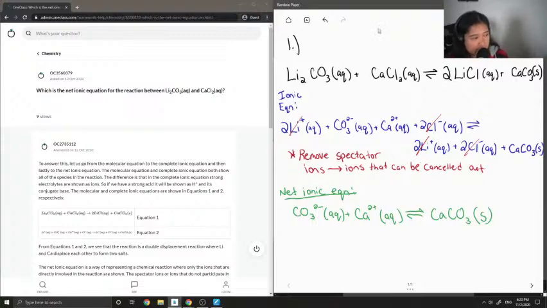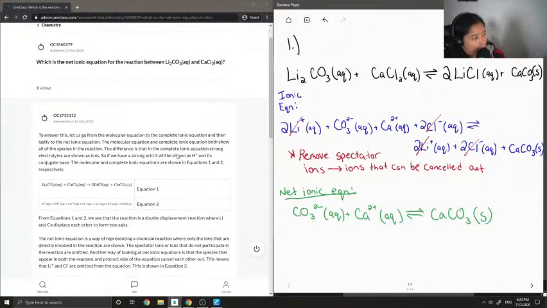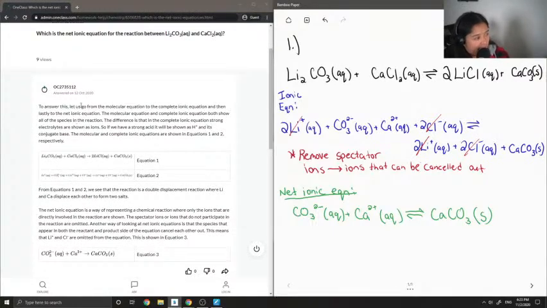So let's see what the junior tutor said. To answer this, let us go from the molecular equation to the complete ionic equation, and then lastly to the net ionic equation. The molecular equation and complete ionic equation both show all of the species in the reaction. The difference is that in the complete ionic equation, strong electrolytes are shown as ions.